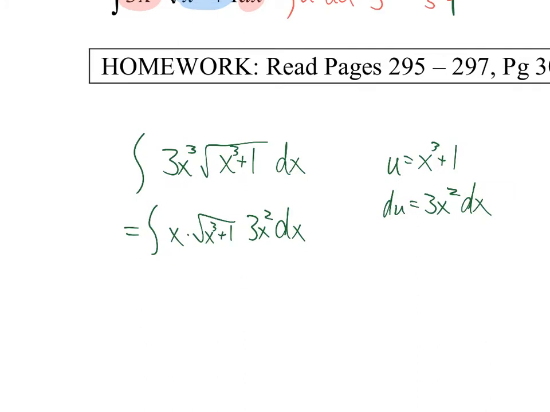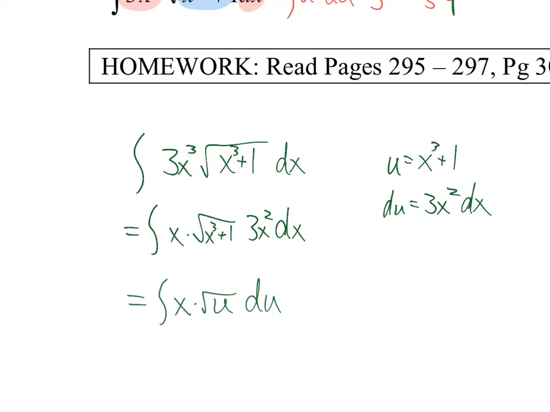So if I did my u substitution, I'd have the integral of x times radical u du. And I can't do that. I wasn't able to substitute out all the x's.